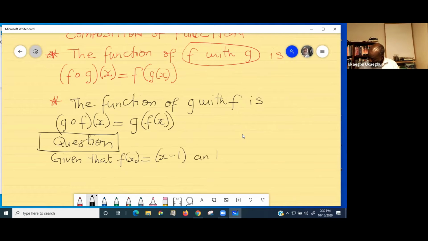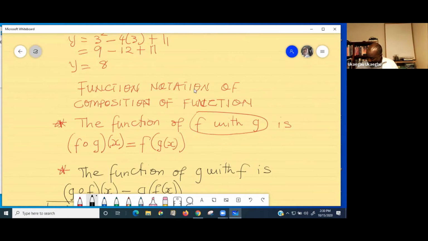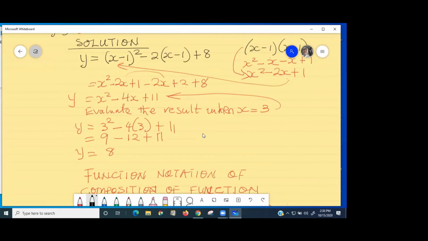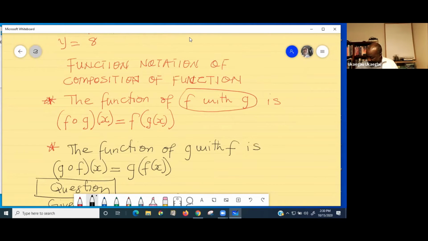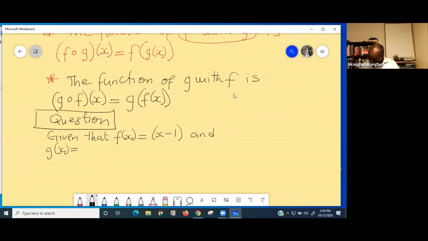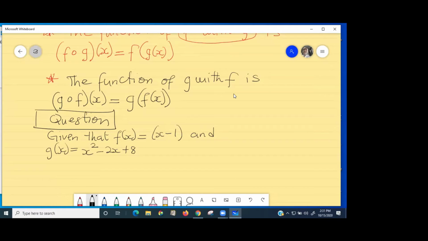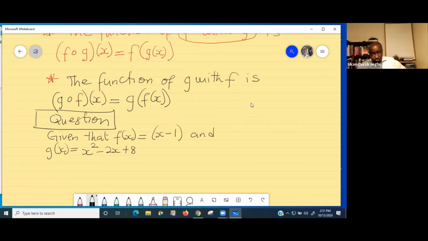And g of x is, what's the other expression? It's x squared minus 2x plus 8. Okay, thank you. So now the question is, we are going to do both of them.